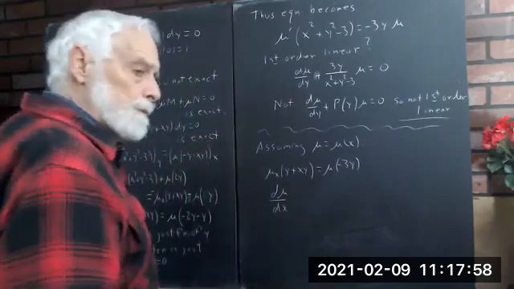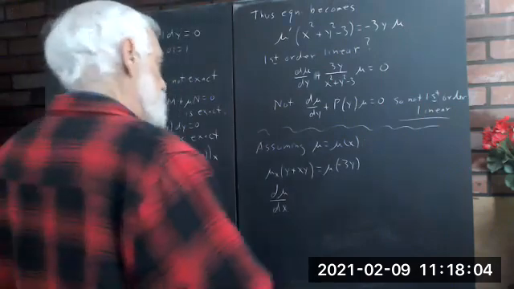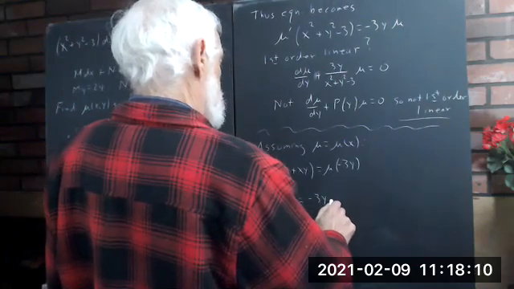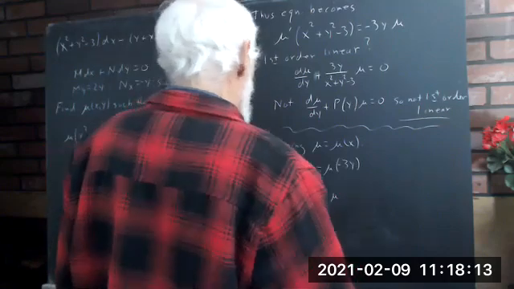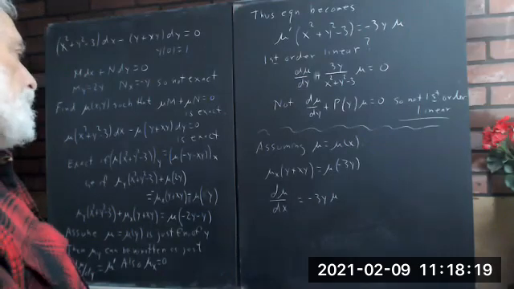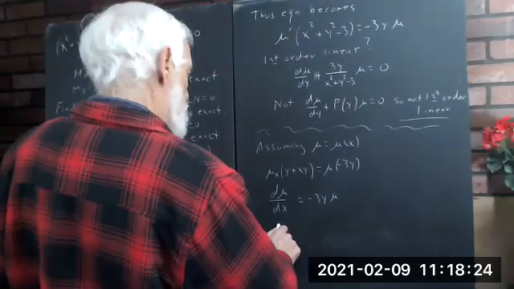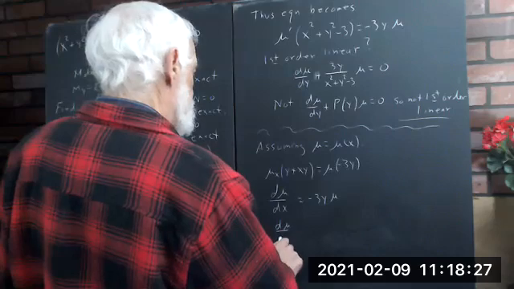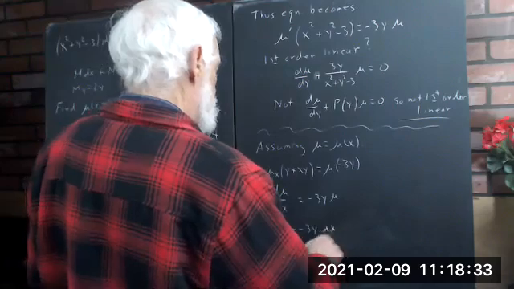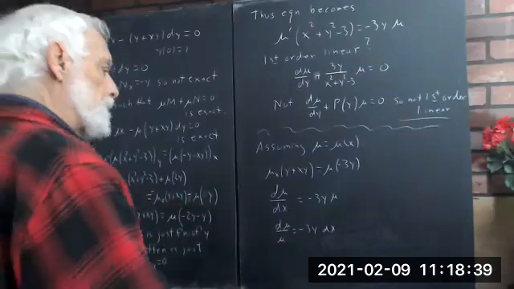And as a derivative, not a partial derivative, so d mu dx is negative 3y mu. So that d mu over mu is negative 3y dx.